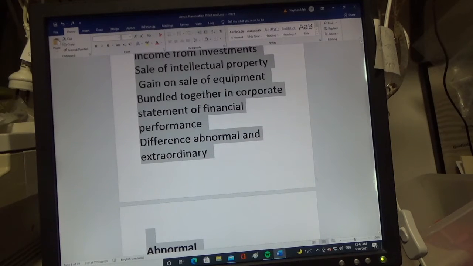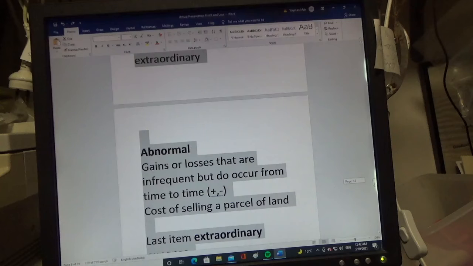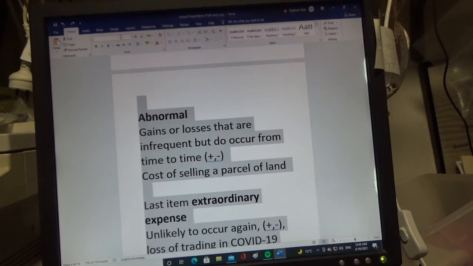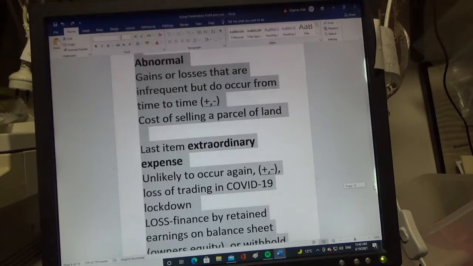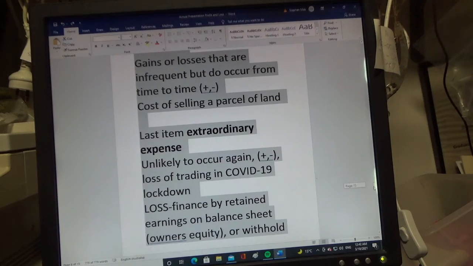Abnormal items occur from time to time, but extraordinary items are extremely rare. Both these categories have plus or minus figures, gains and losses, and these items are listed below the net profit after tax.